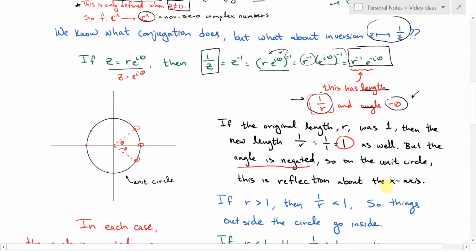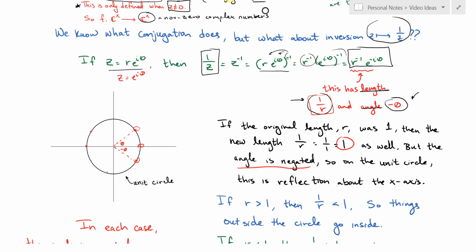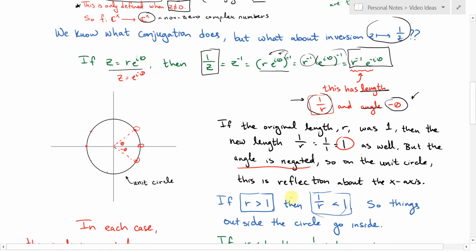But what happens if r is greater than 1? If r is greater than 1, then 1 over r is going to be less than 1, right? Like 2 is bigger than 1, 1/2 is less than 1. So things outside the unit circle go to things inside the circle, because 1 over r, the new length, is going to be less than 1.